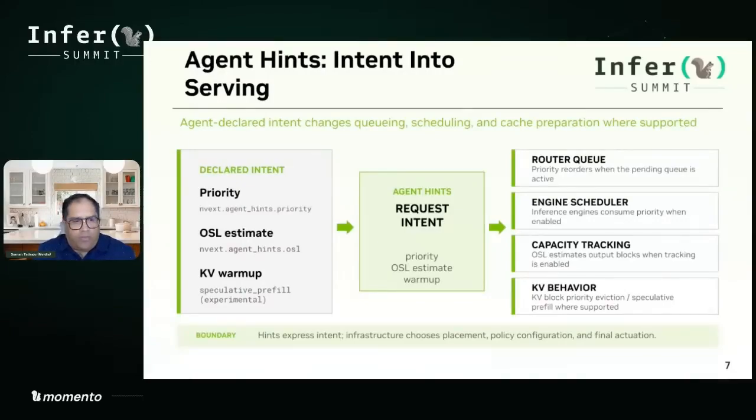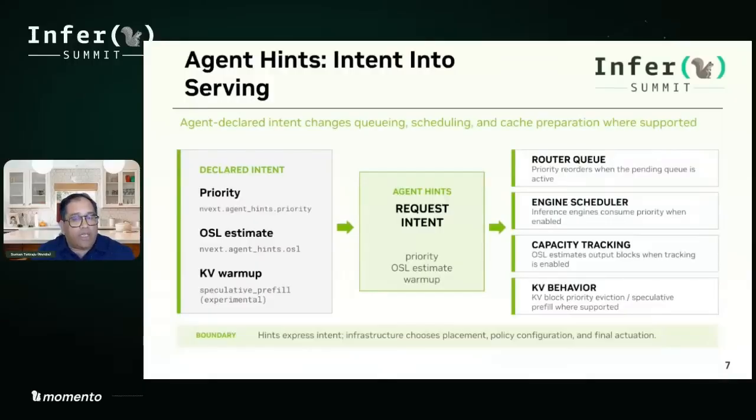The third is the KV warm-up, where we may want to speculatively pre-fill our KV cache blocks if the agent gives us a hint. Again, these are on top of additional structural information that we already have from the nature of how these tasks are scheduled. These are additional hints that help us.